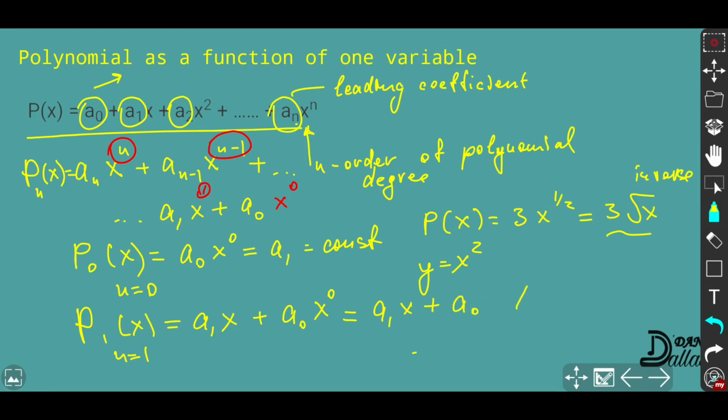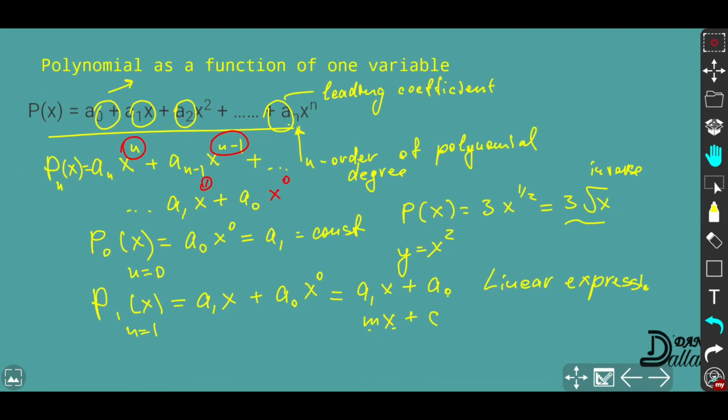And this is, as you can see, a linear expression. If you remember how the equation of a straight line looks, it looks like mx plus c, right? So you can match mx with a1x, and the constant a0 with c, it's also a constant, no matter which letters or coefficients you use. So that's the same expression, which is linear, okay?